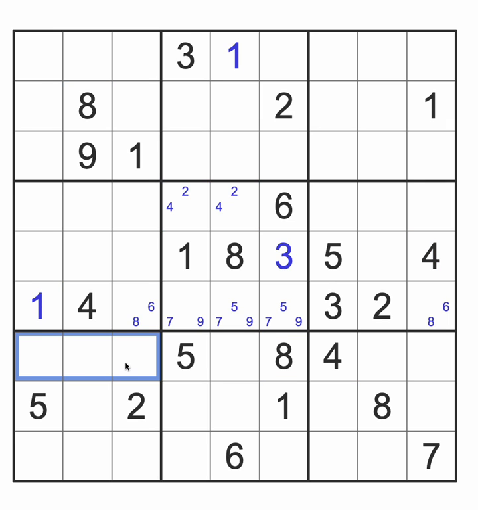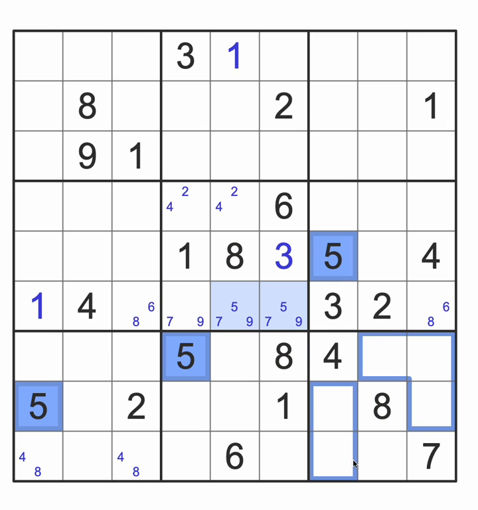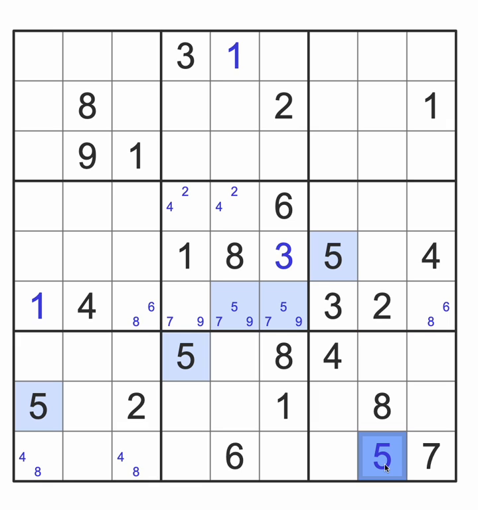That means I cannot place 4 and 8 in these cells in box 7. That gives me a 4 8 double here. Oh, and I have to place 5 in box 9 first. These 5s block these cells. Gives me 5 here.